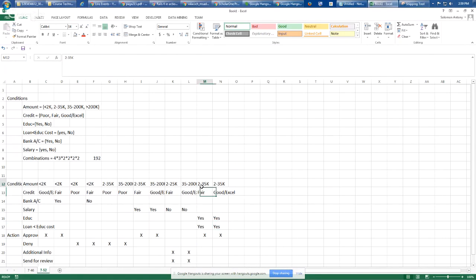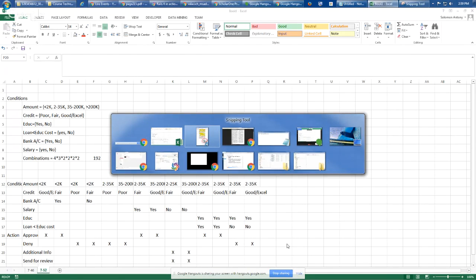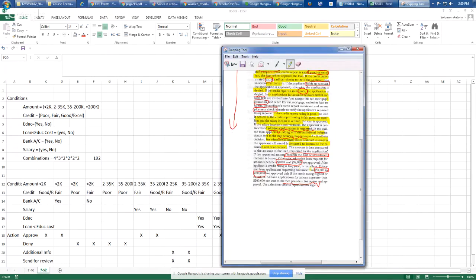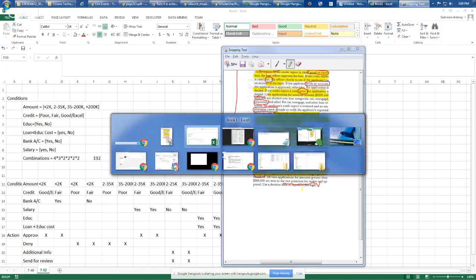Again, for the same two combinations, if the loan is not less than the education cost, if these two values are no, then we deny. And for amounts exceeding 35 up to 200,000, they are approved only if the credit rating is good or excellent.